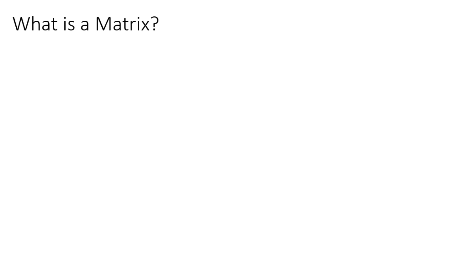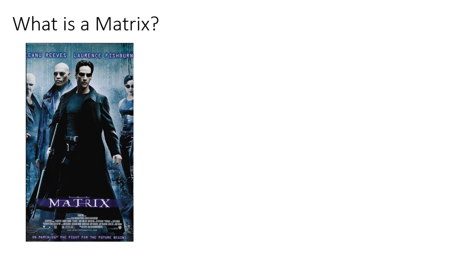So the first few slides will be on section 8.1. The big question here is, what is a matrix? We've heard of this word matrix, and we might be thinking Keanu Reeves, The Matrix. But unfortunately, that's not the case for our math class.